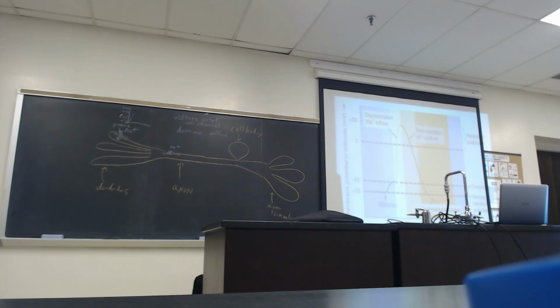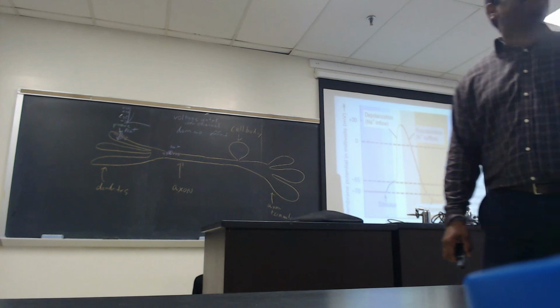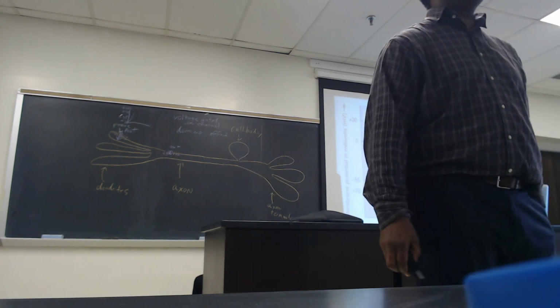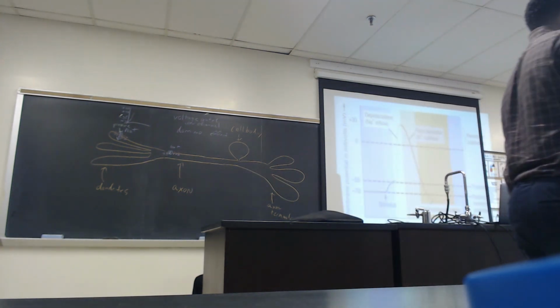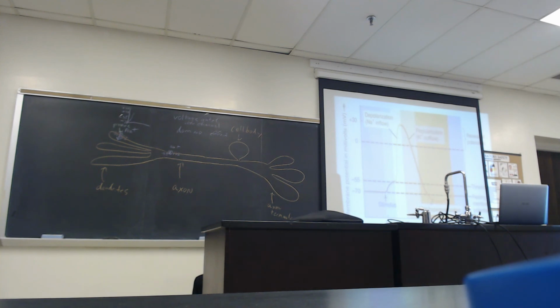Now what we're going to do is this. This is what's happening here. We're just going to pay attention to the fact that, and I don't want to lose you here, just check this piece. Watch it. Sodium channels have two different types of gates.